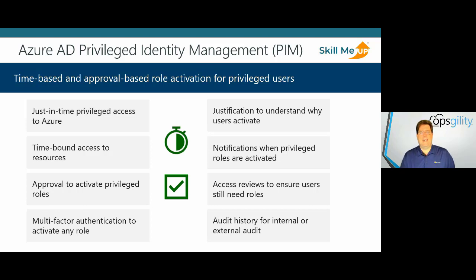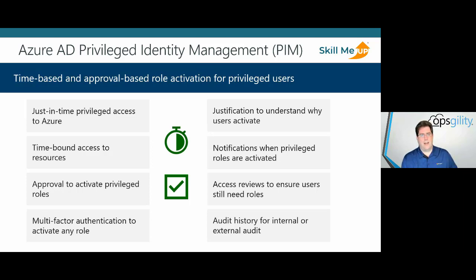And privileged identity management works alongside those access reviews we were talking about a short time ago, where we do those access reviews on a regular basis to make sure that they still need those roles assigned to them. Maybe they've changed jobs, they've changed positions within the company, and they no longer need to have that level of administration at any time, and we can remove them as even being assigned that role, and give that to somebody else if necessary, or just leave that open for now.